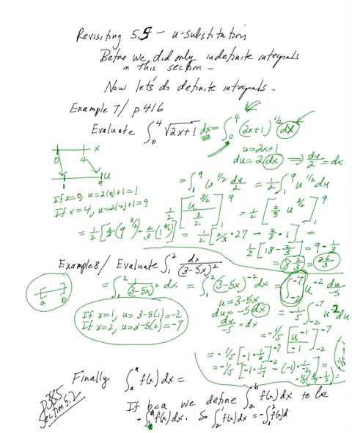Back up here in example 8, when we had this definite integral from negative 2 to negative 7, I could have said that was the negative of the definite integral from negative 7 to negative 2. But the fundamental theorem of calculus works just fine if a is bigger than b or a is less than b.